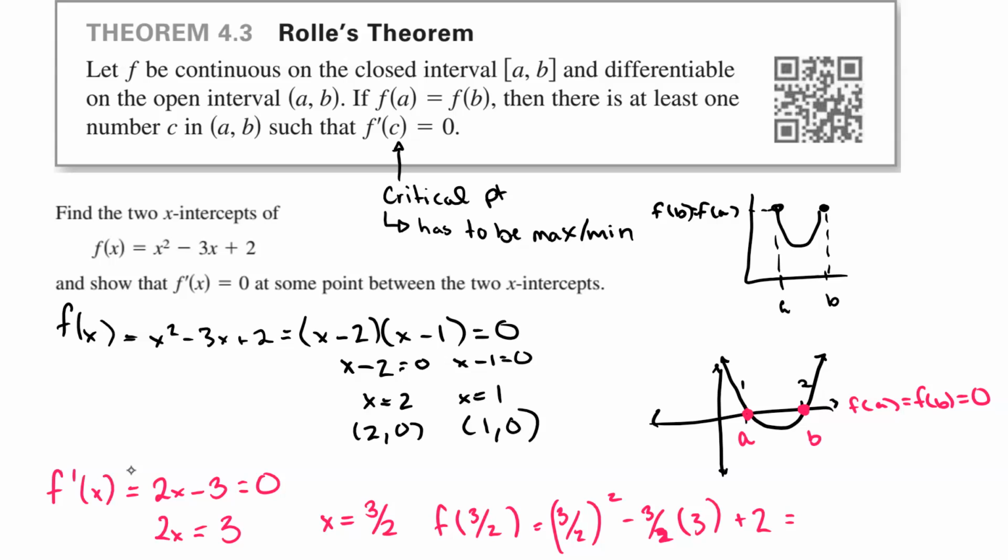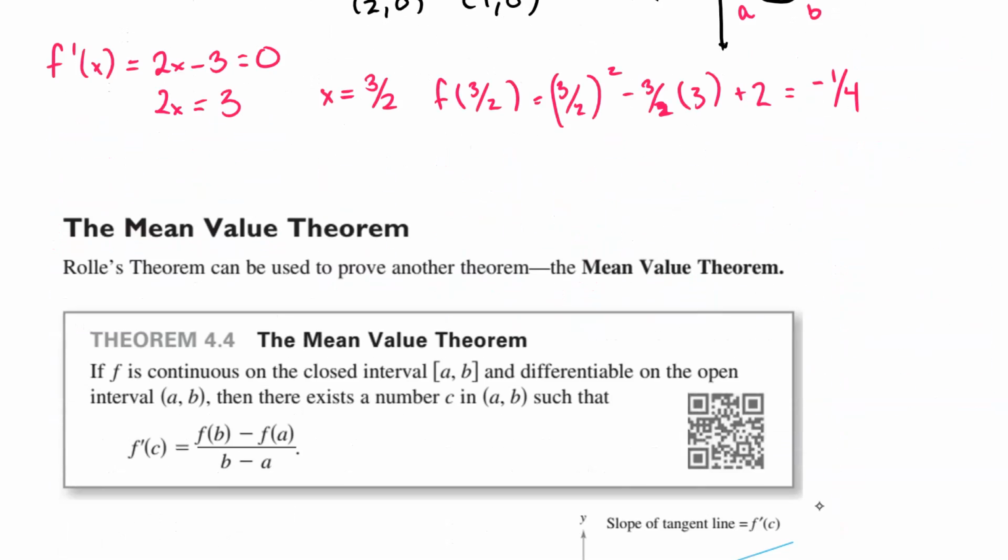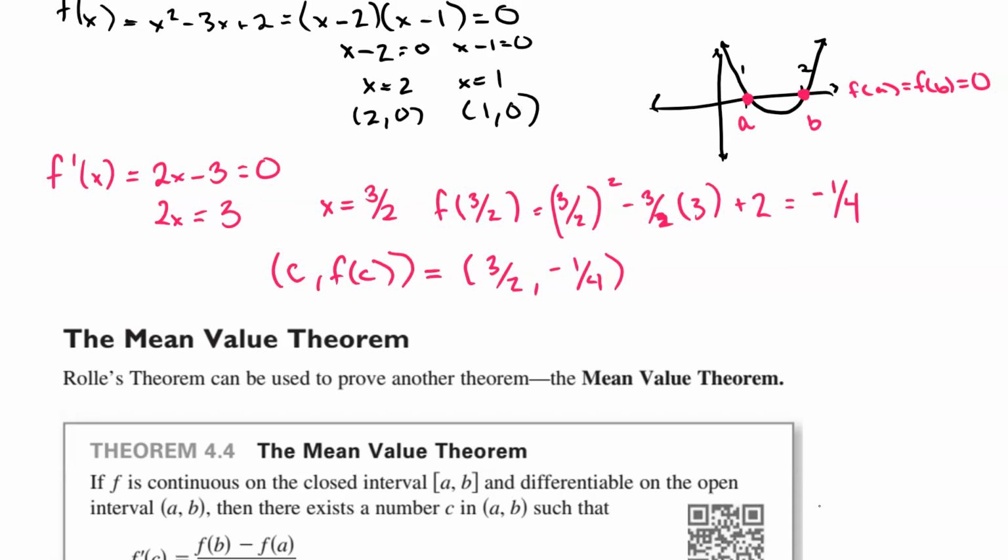When you do that, you will get -1/4. So our point where the slope is 0, c, f of c, that turning point that we have guaranteed by Rolle's theorem is at (3/2, -1/4). So that would be this point right here.